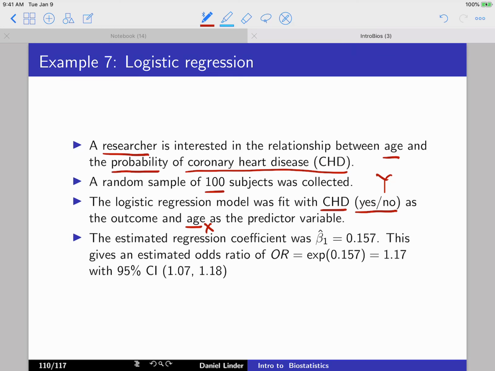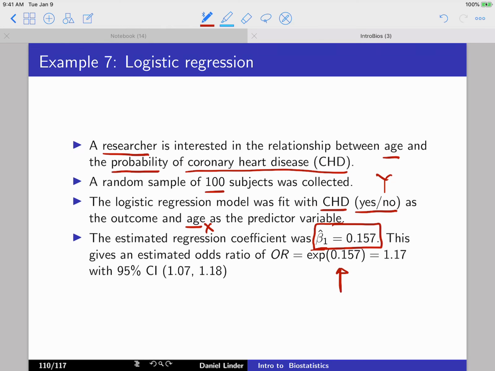At the end of the day, after we collected the data and ran logistic regression on this data, this is what we came up with. We got an estimate for beta 1, beta 1 hat, of 0.157. For logistic regression, it's quite easy to turn these estimates into so-called odds ratios just by exponentiation.